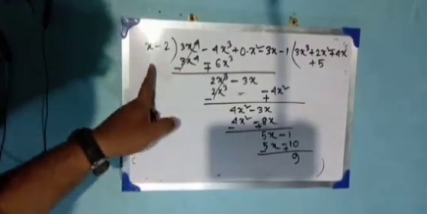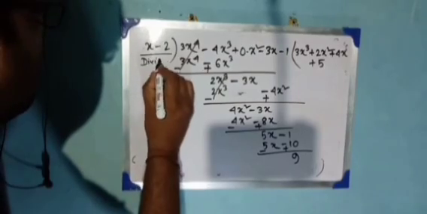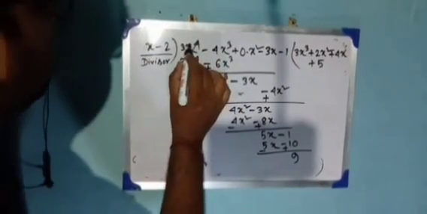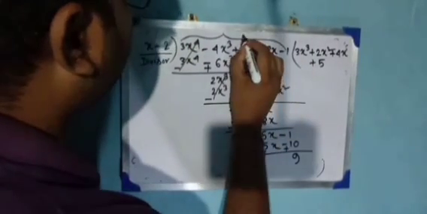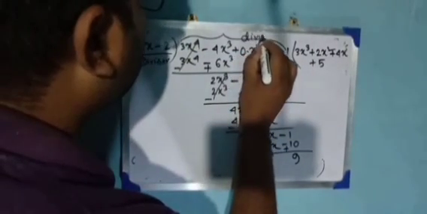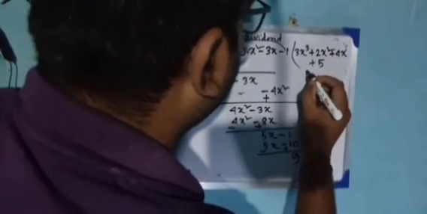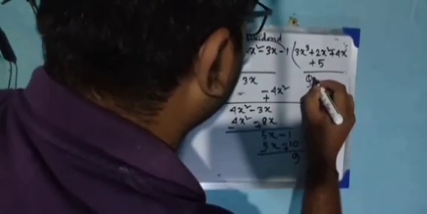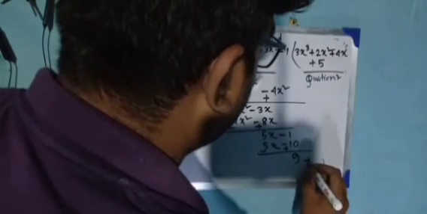So this is my divisor polynomial. This whole polynomial is the dividend polynomial. This polynomial is the quotient and this is the remainder.